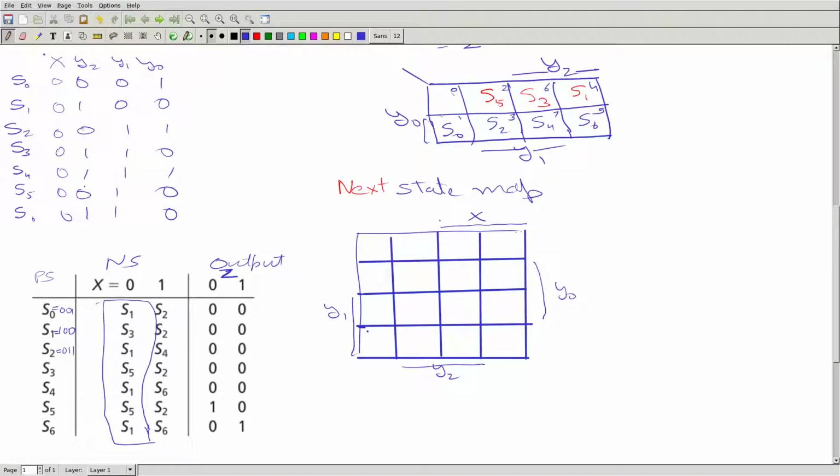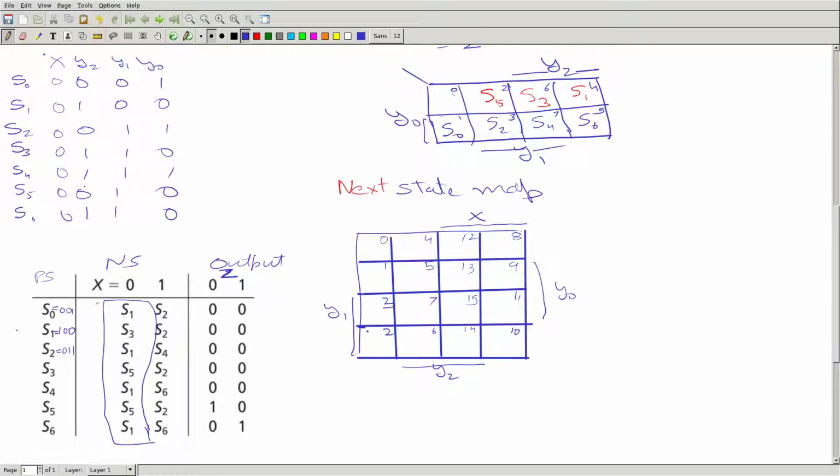So when S0 is 0, 0, 1, let's say, let's number these. Sorry, 0, 1, 2, 3, 4, 5, 6, 7, 8, 9, 10, 11, 12, 13, 14, 15.